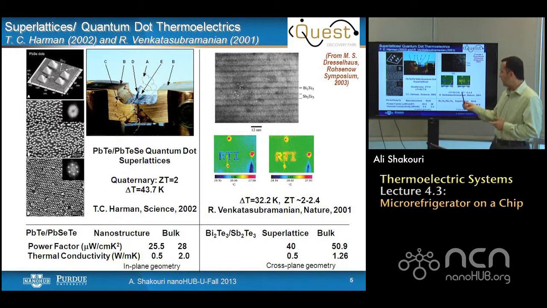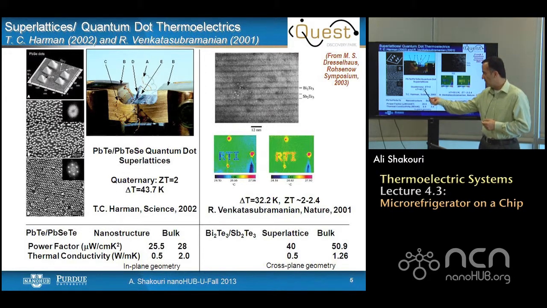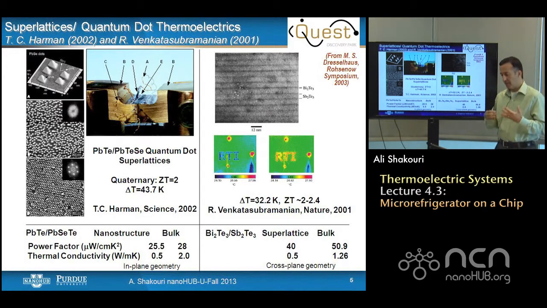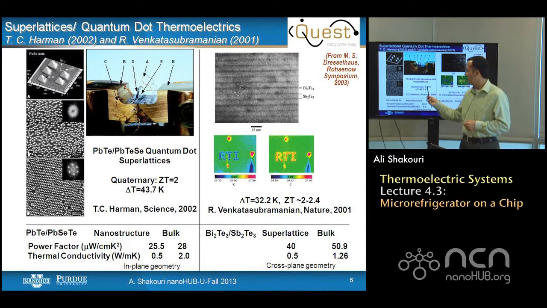In both cases, the amount of cooling was about 30 to 40 degrees, so it was not more than state-of-the-art thermoelectrics, but the idea was that because of nanostructuring, you can get higher performance.